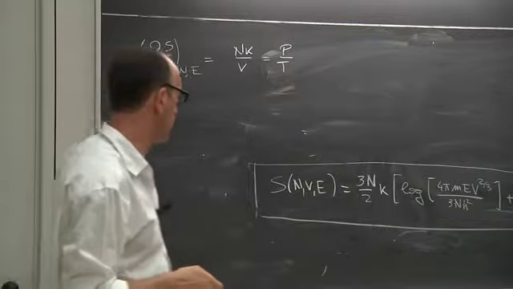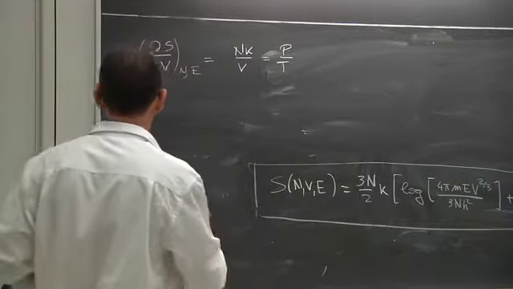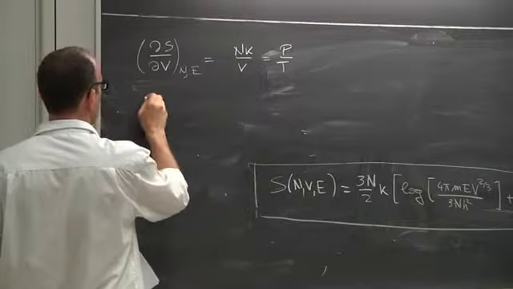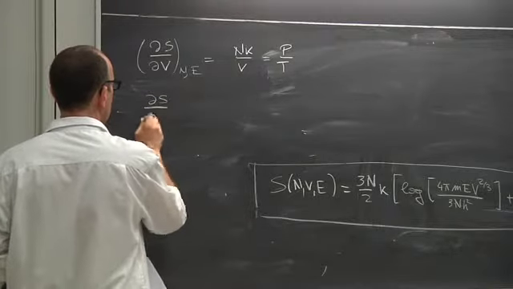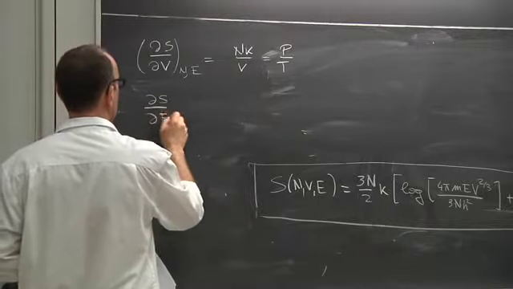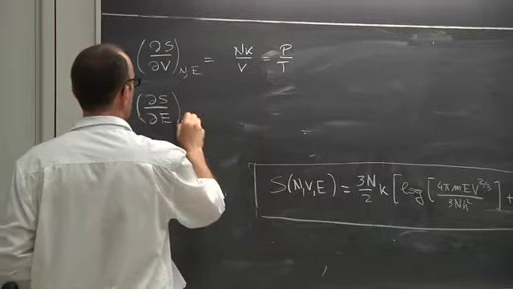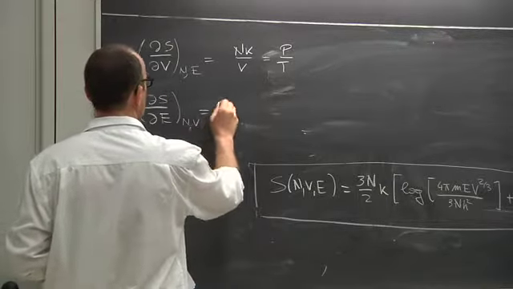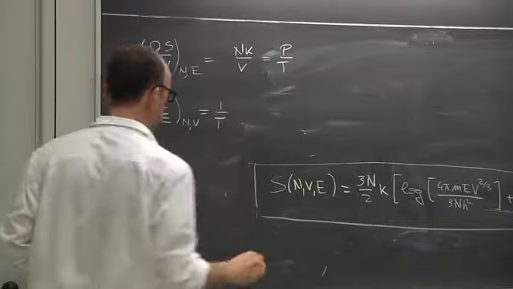The other thing is let's compute the temperature. So you know that the derivative of S with respect to the energy at constant N and V must be equal to 1 over the temperature.